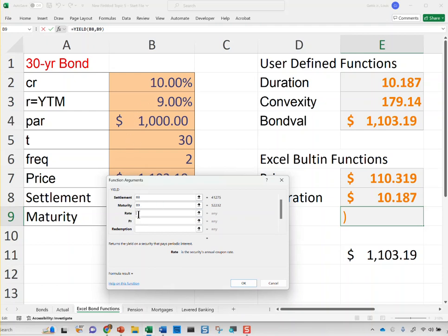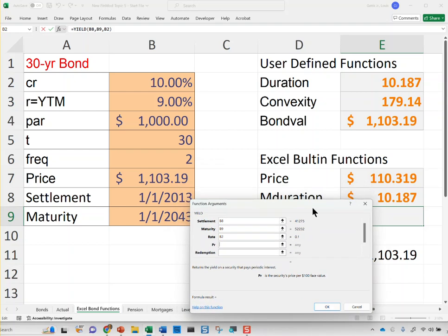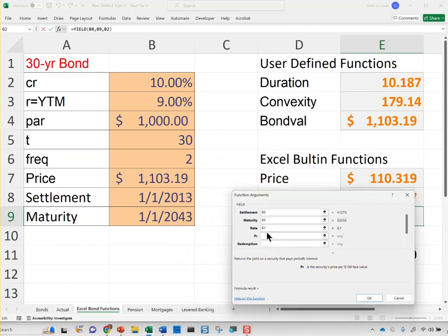Or sorry, the rate. And back to price. It says price is the security's price per $100 face value. So this is asking what is the bond selling for. Notice here it was selling for 1103.19, and we determined that was 110.319% of par.